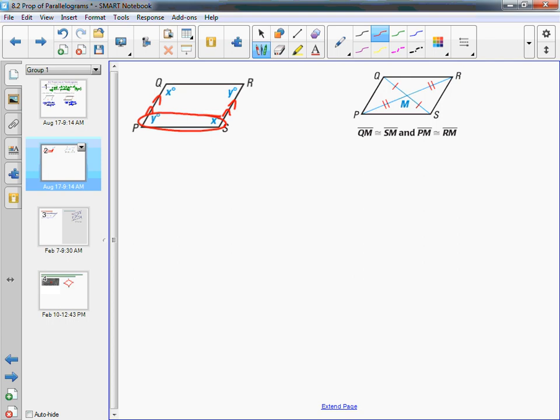And if we recall, consecutive interior angles are supplementary, which means they add to be 180. So for any pair of consecutive angles, we say the consecutive angles are supplementary. In other words, x plus y equals 180.